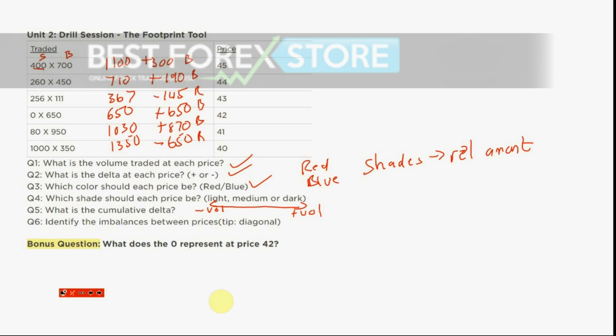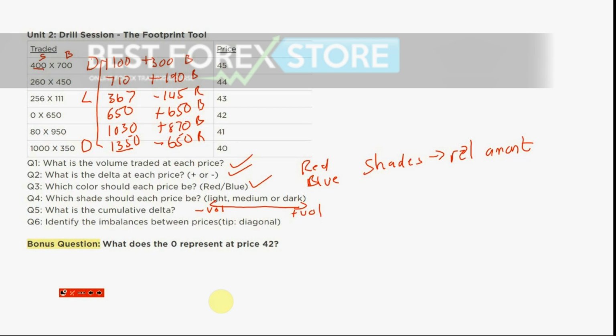Okay, so if we were to put this into a shade, it's very simple. We can see the total volume traded, and the highest volume is 1,350. Therefore, that will be a very dark shade. We can also see that, relatively speaking, 1,100 is a relatively dark shade. On the flip side, 367 is a relatively low volume compared to all the other prices, therefore it will get a light shade.